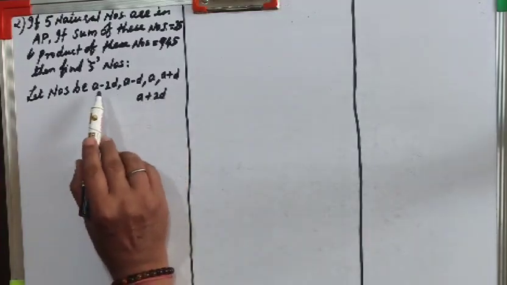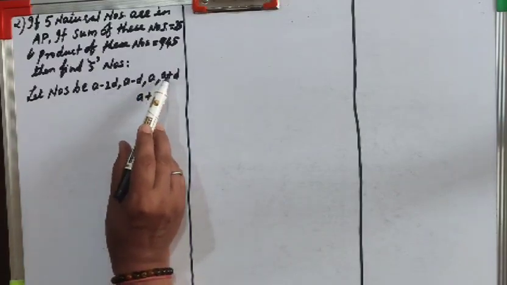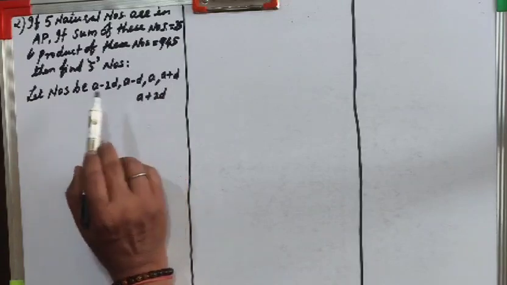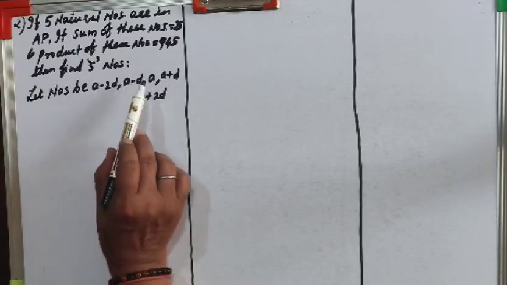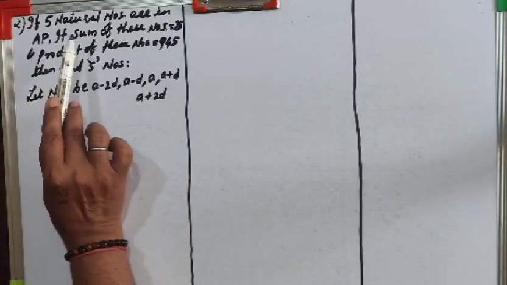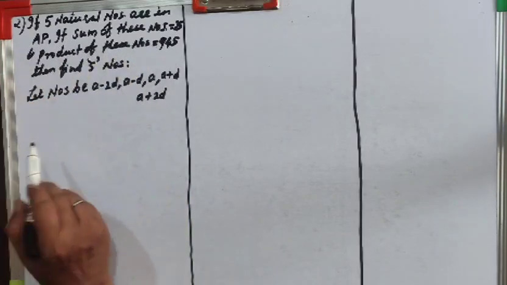There are five numbers: A minus 2D, A minus D, A, A plus D, and A plus 2D. So five numbers are there in front of us: 1, 2, 3, 4, 5. Now, read the line: the sum of these numbers is 25.